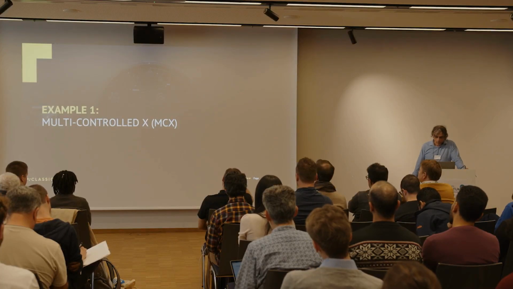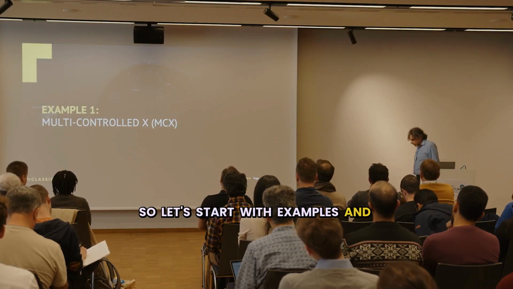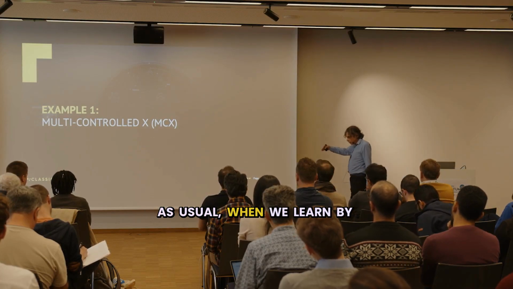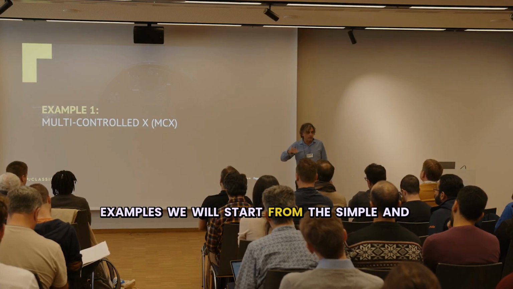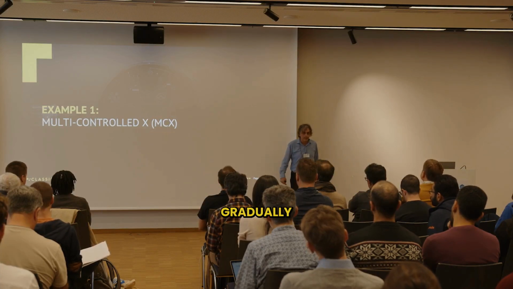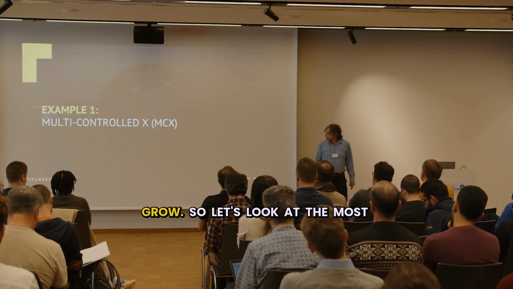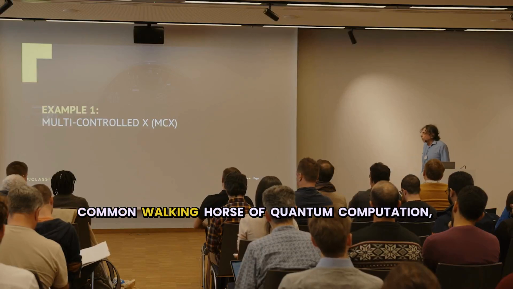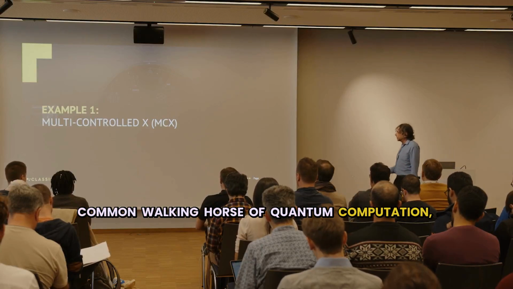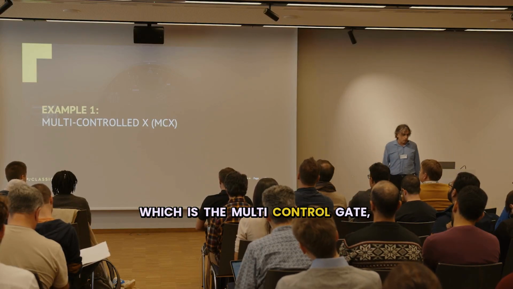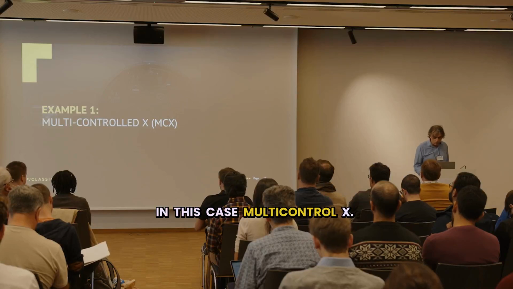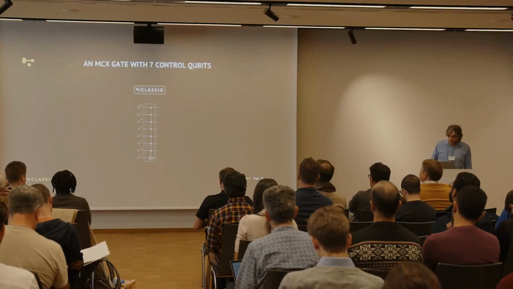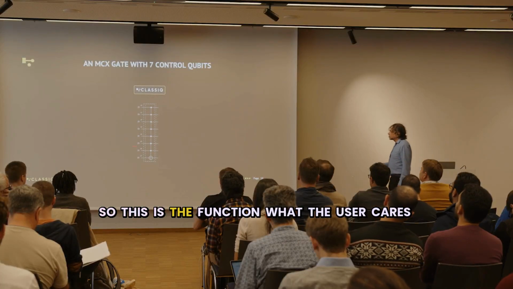So let's start with examples. As usual, when we learn by examples, we will start from the simple and gradually grow. So let's look at the most common working horse of quantum computation, which is the multi-controlled gate, in this case multi-controlled X. So this is the function.